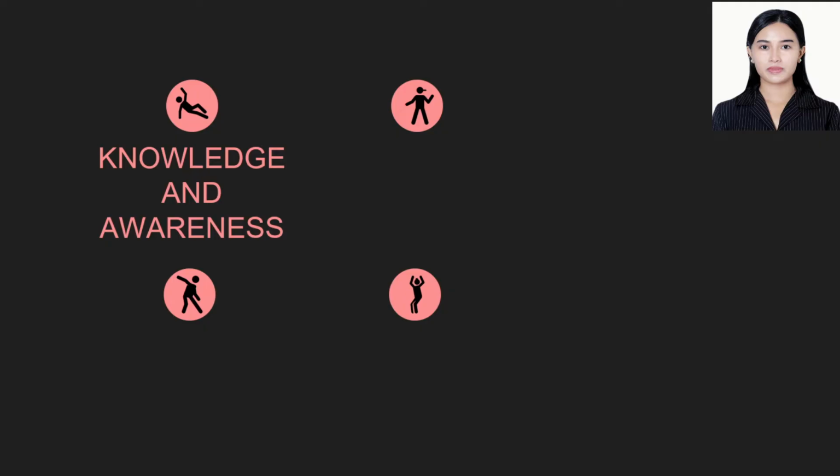For example, never ever plug electrical devices, for example, a speaker, when your hands are wet. It can lead to a harmful situation. So it is really important to be aware and knowledgeable of harmful situations so that you can avoid them too.